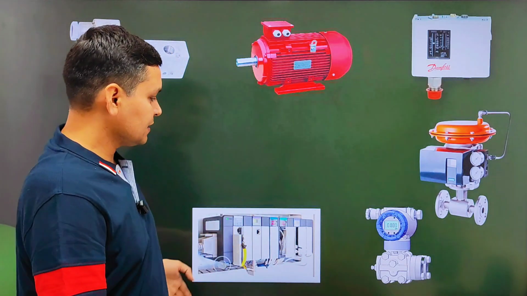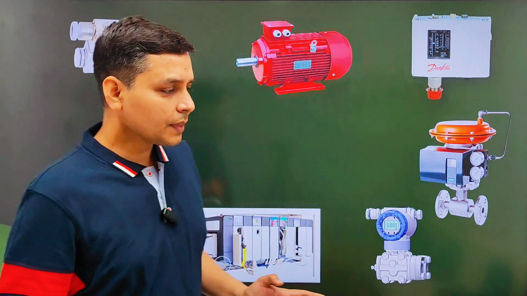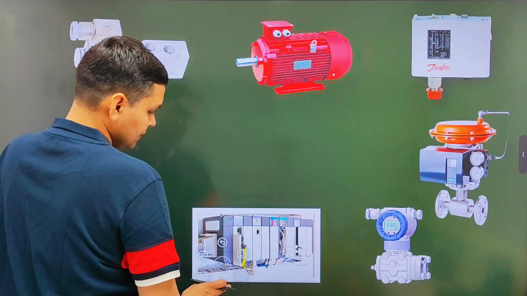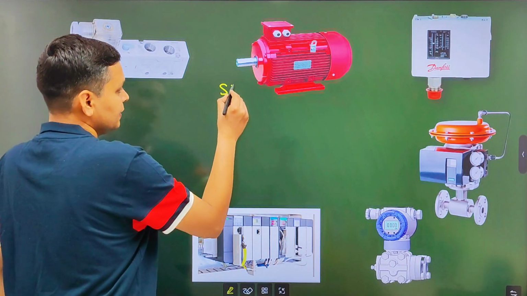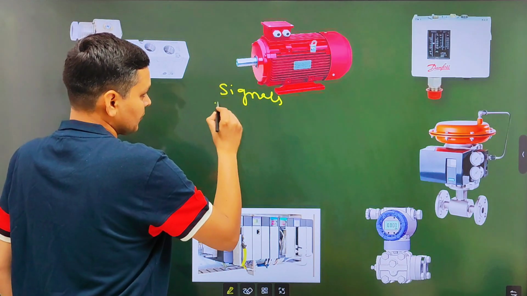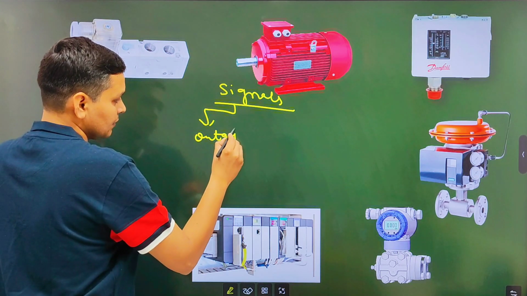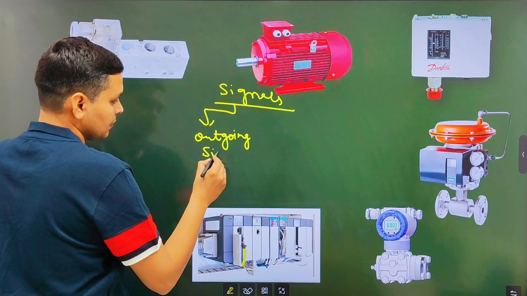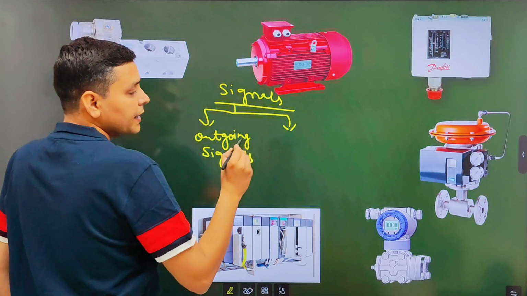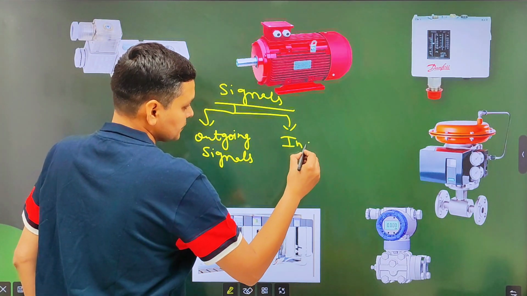Let's begin. Look friends, when we talk about instrumentation, mostly all signals are connected to a PLC, and the PLC is a central controller in instrumentation. So signals may be outgoing signals and incoming signals.